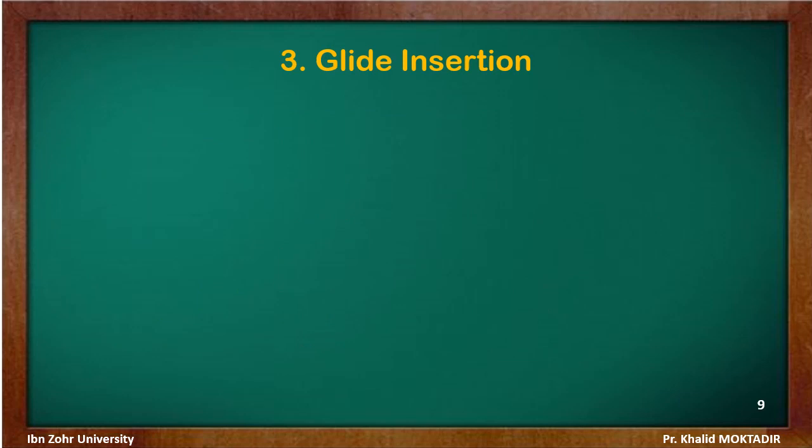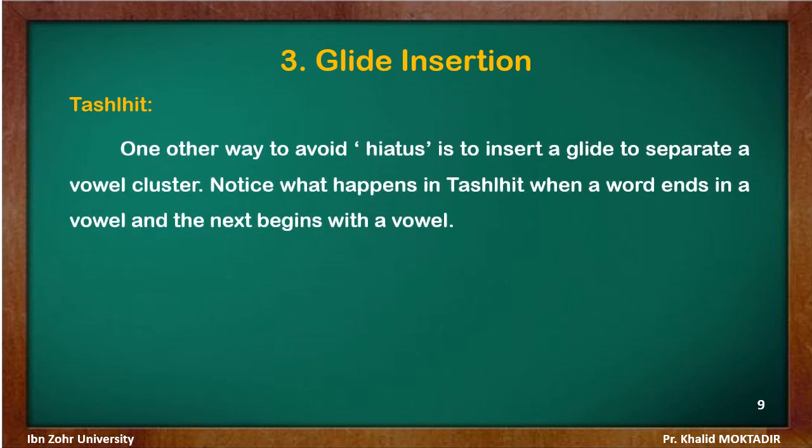In fact, another way of avoiding the situation of hiatus is to insert a glide to separate two contiguous vowels. Now, notice what happens when a word ends in a vowel and the next begins with a vowel.